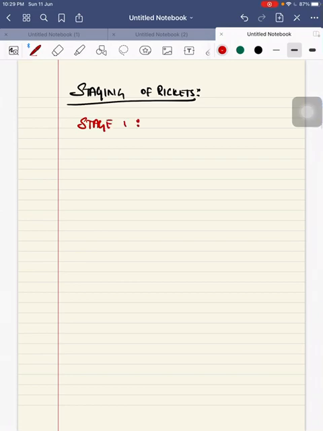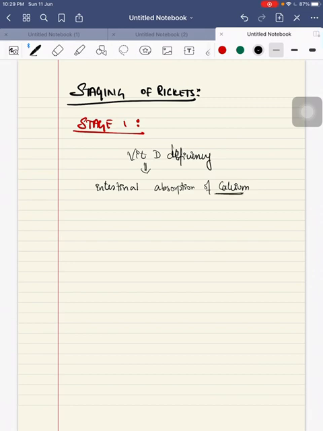Stage 1: in a child with vitamin D deficiency, the intestinal absorption of calcium will be low. After the staging of rickets, I will go into the vitamin D metabolism and its mechanism of action.